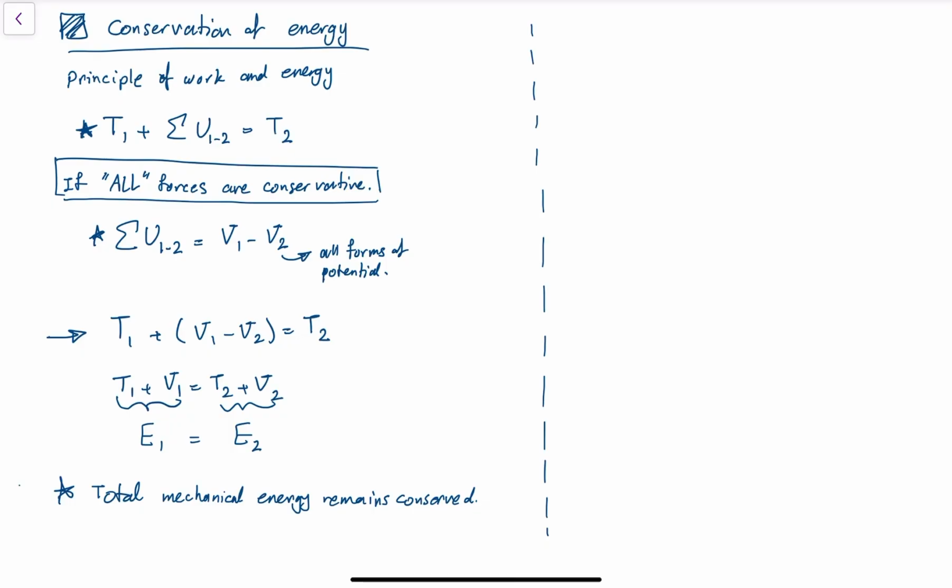Non-conservative forces usually either add energy to the system, as in the case of external forces, or reduce the energy of the system, often in the form of dissipated heat. So if all forces are conservative, total mechanical energy remains conserved, and only forms of energy convert from one to another.